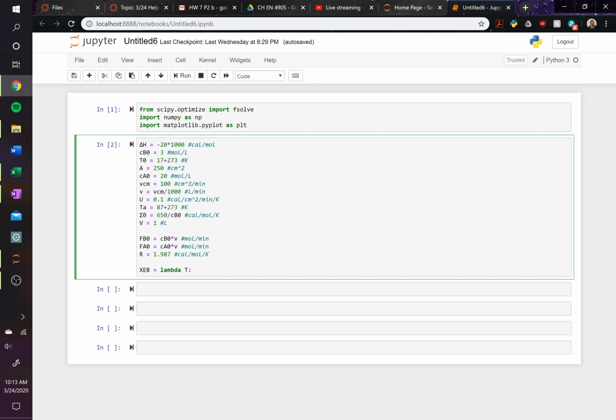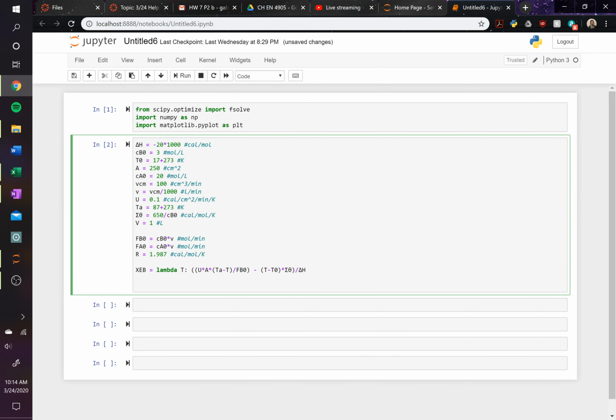Okay, so we've got U times A times TA minus T over FB naught, minus T minus T naught times sigma theta I CPI, over delta H. And that's it for the energy balance.